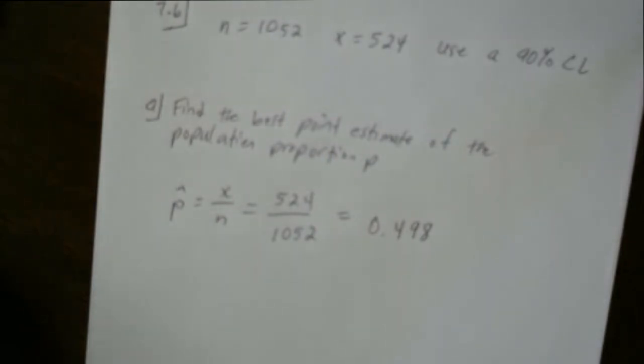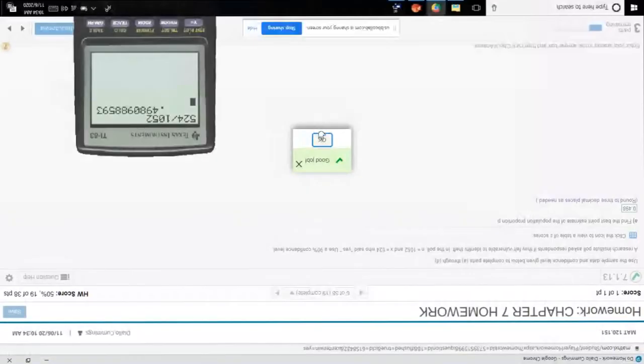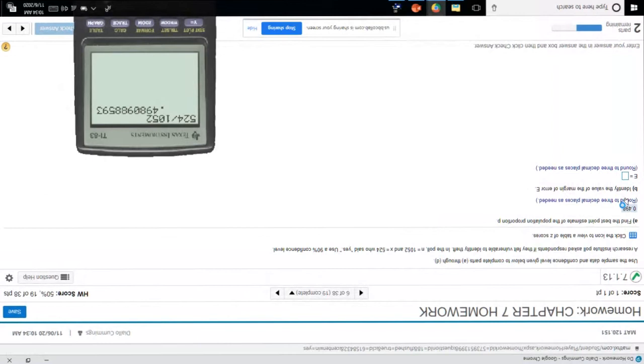If I return to the homework problem, we have 0.498 for P hat. Now we're asked to identify the value for the margin of error.